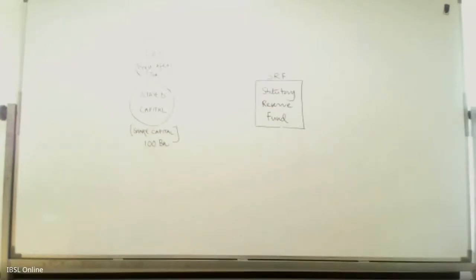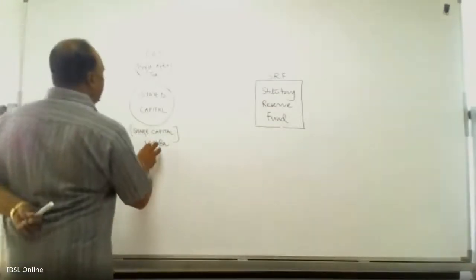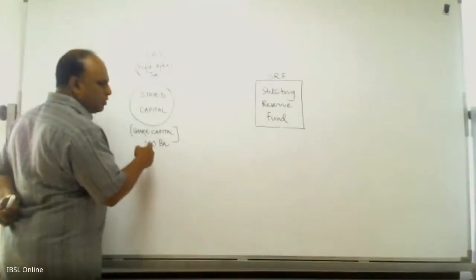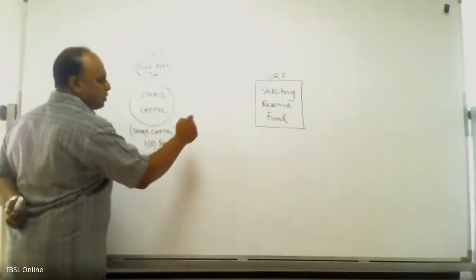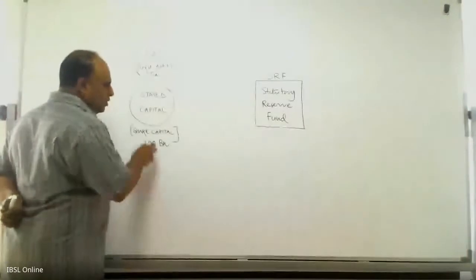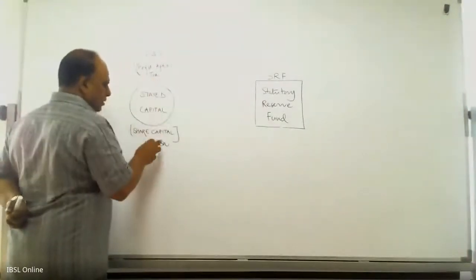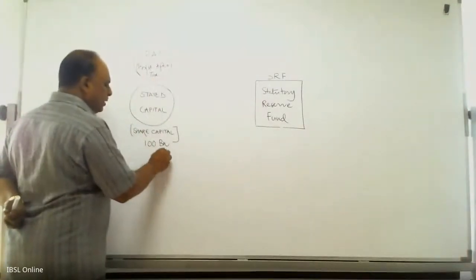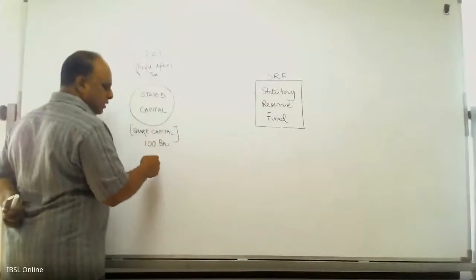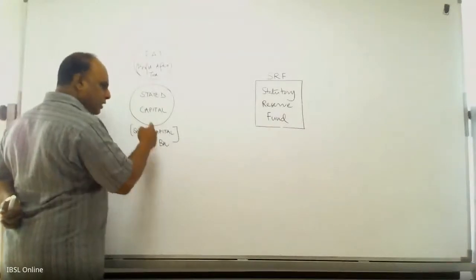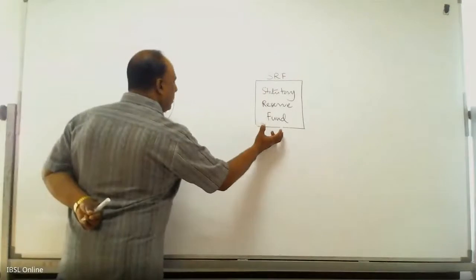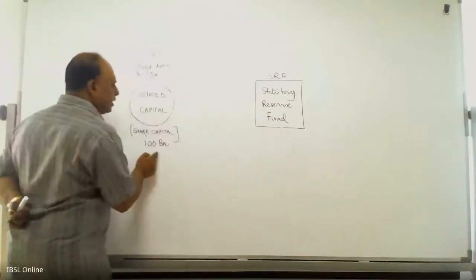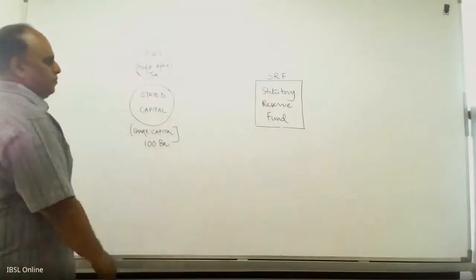It is an amount equivalent to your stated capital. The stated capital keeps on changing, so accordingly the reserve also needs to change. Now I am taking an example of 100 billion, but this keeps on changing. Similarly, when this changes, you have to build up this also so that this becomes equal to this.